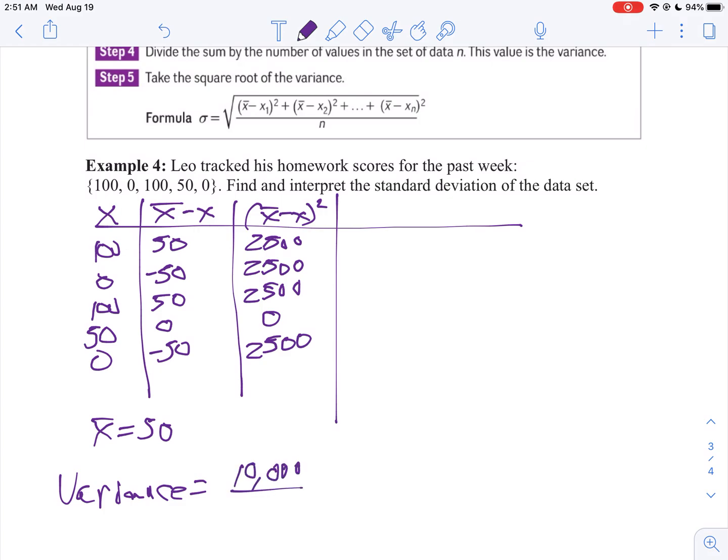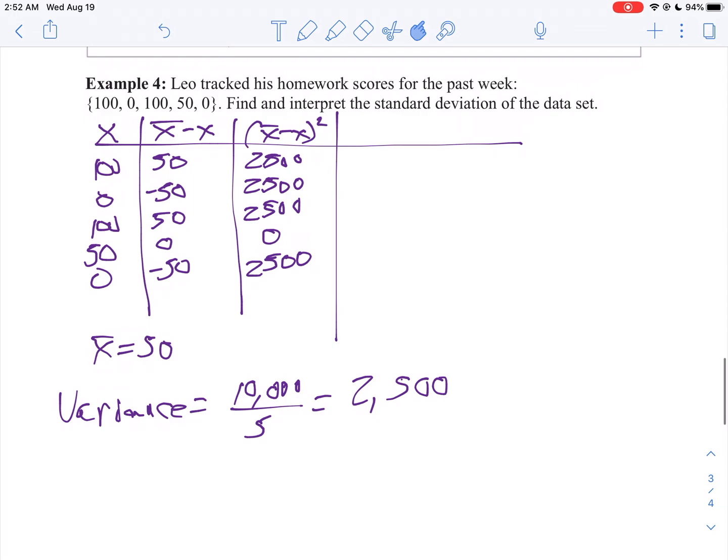And I'm going to divide that by how many data points I have, which is 1, 2, 3, 4, 5. So then, if you take 10,000 divided by 5, that would be 2,500. Finally, to find the standard deviation, and we use the Greek letter sigma, that's what that means. That means standard deviation. I'm going to take the square root of 2,500.